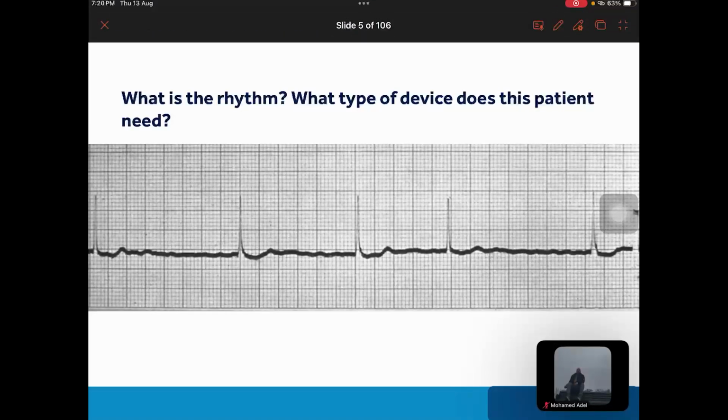Better to put a left bundle area pacing if this patient is young, as conventional pacing will disappear soon, since this patient has a very slow AF.